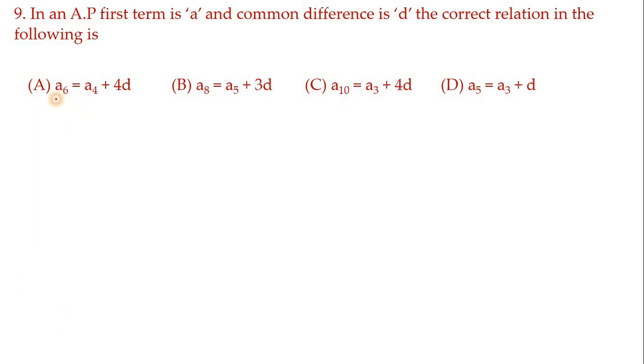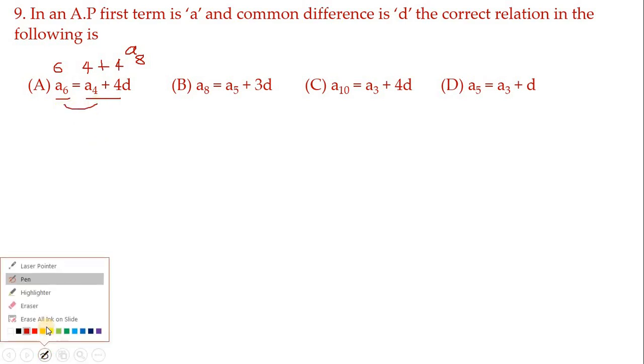Here they are saying that A6, the 6th term, equals the 4th term plus 4 times D, meaning for the 4th term you are adding another 4 terms, so you are going to get the 8th term. So hence these two cannot be the same.